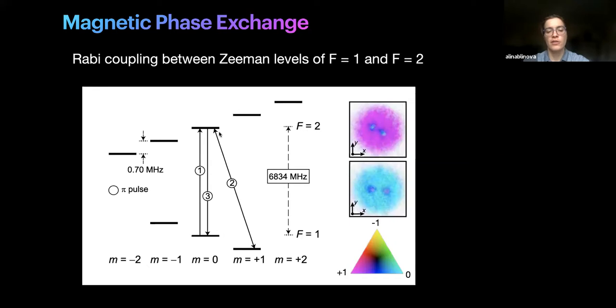We exchange the two phases. So we drive what was originally in the +1 state into the 0 state, and vice versa. The 0 state gets driven into +1. And this demonstrates here on the bottom the resulting topological texture. So we end up with a polar condensate with ferromagnetic cores.